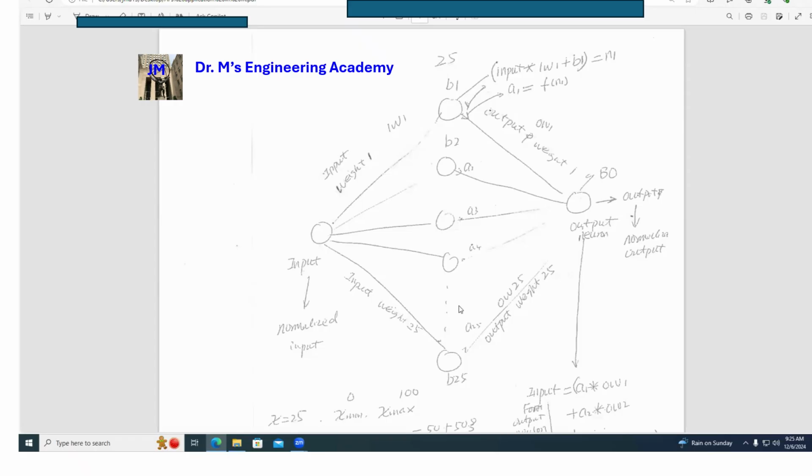So I'm teaching how to implement this mathematically. One more time, okay?